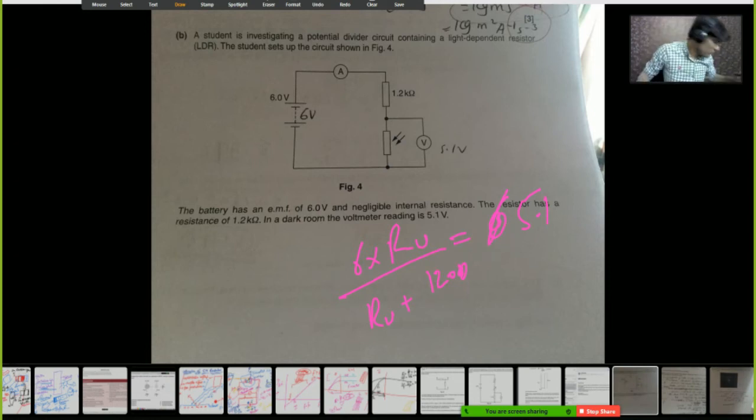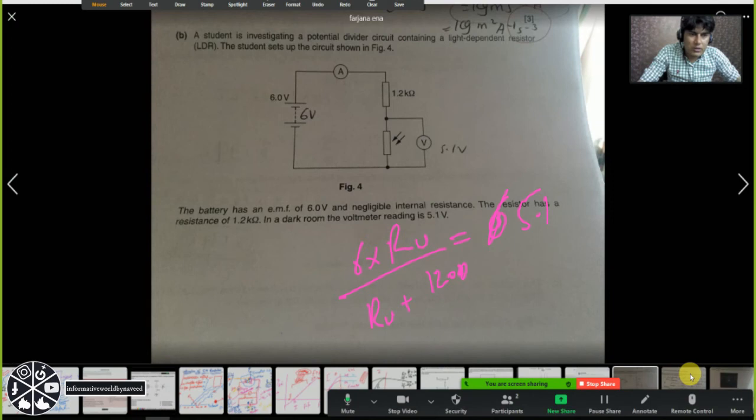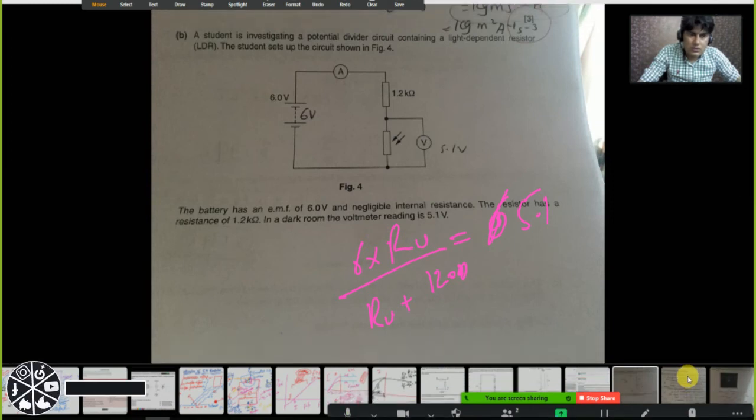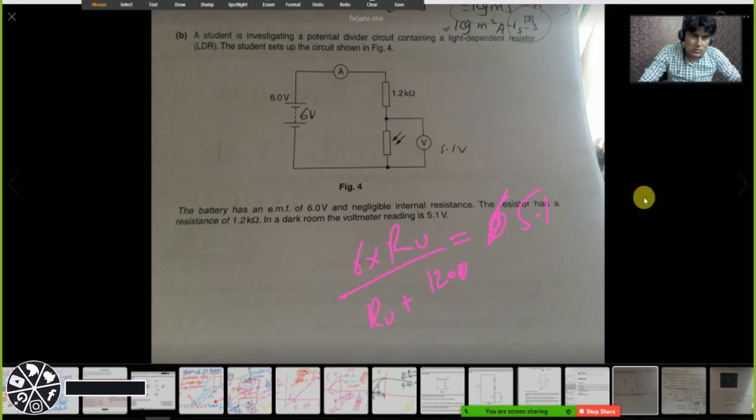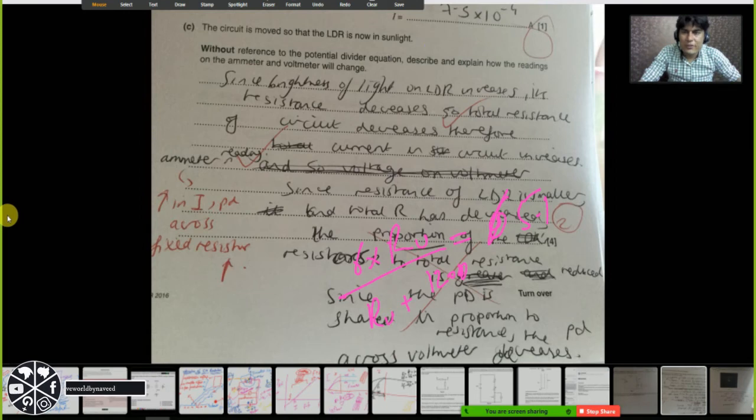I don't know what the final answer will be. We need to find it. Okay, the final answer is 7.5 times 10 power minus... No, this is the current. We need to find this resistor value.